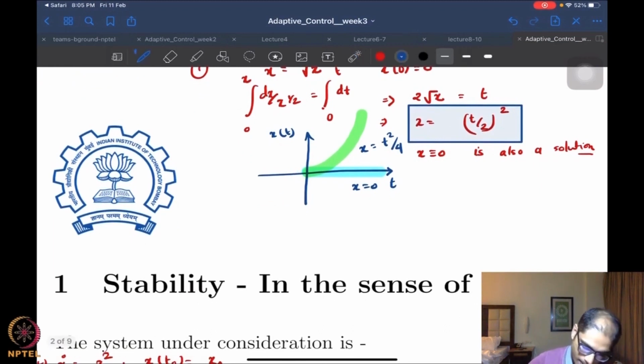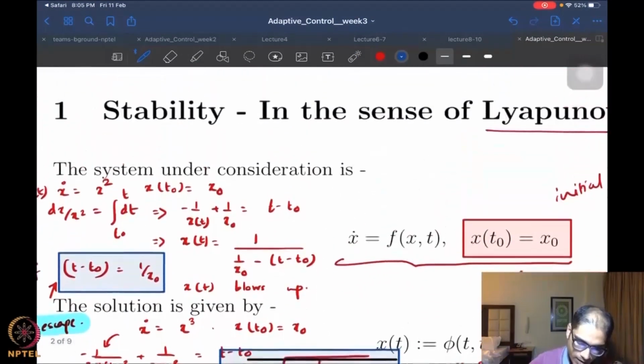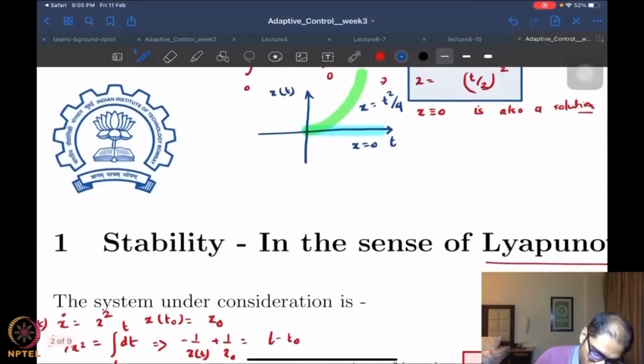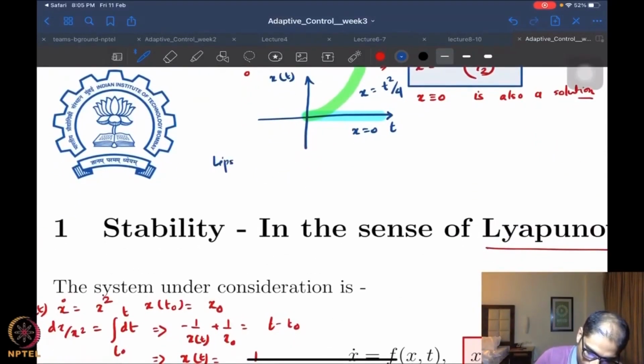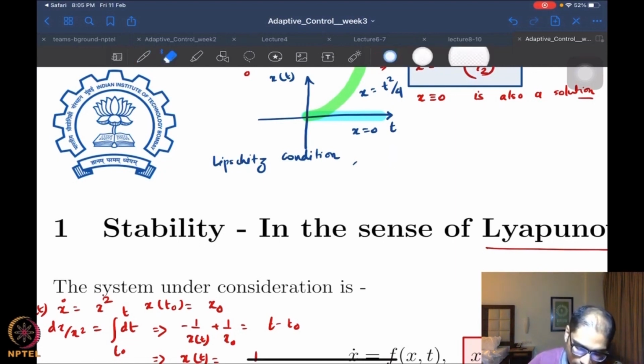We need, like I said, the Lipschitz condition. So what is the Lipschitz condition? Lipschitz condition is sort of a sublinearity condition. I'm going to state only the global version. Local version you can look up.